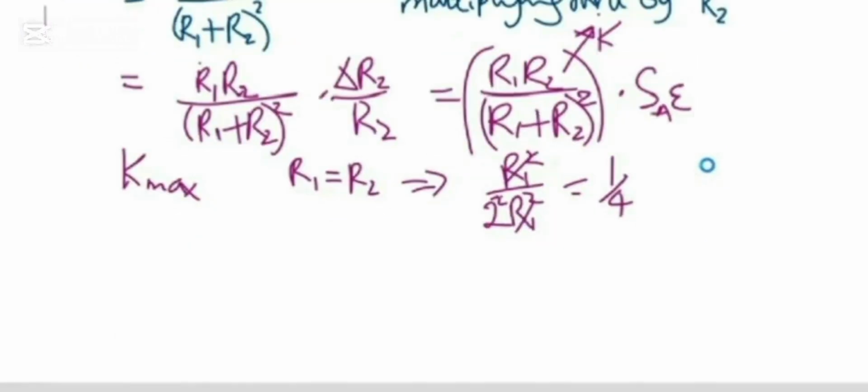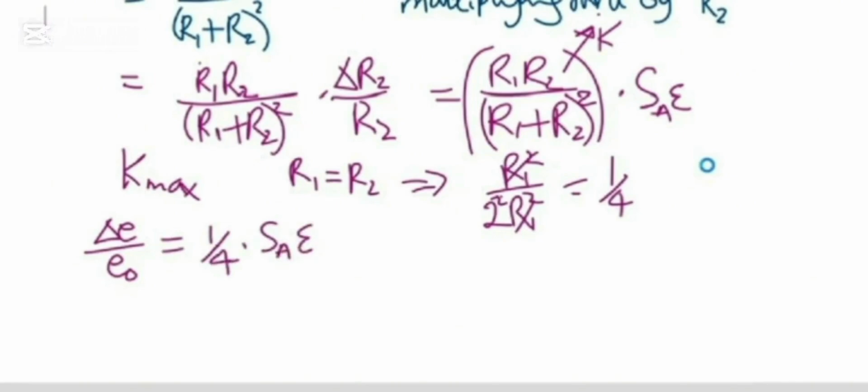And here our equation will be change in output voltage all over input voltage is equal to, when you substitute appropriately, the circuit sensitivity, which is 1 all over 4, and then multiply by SAE.